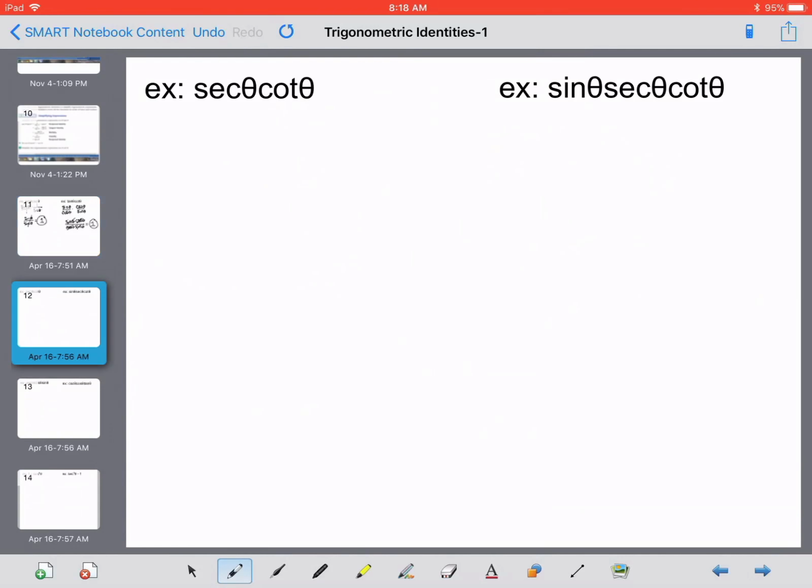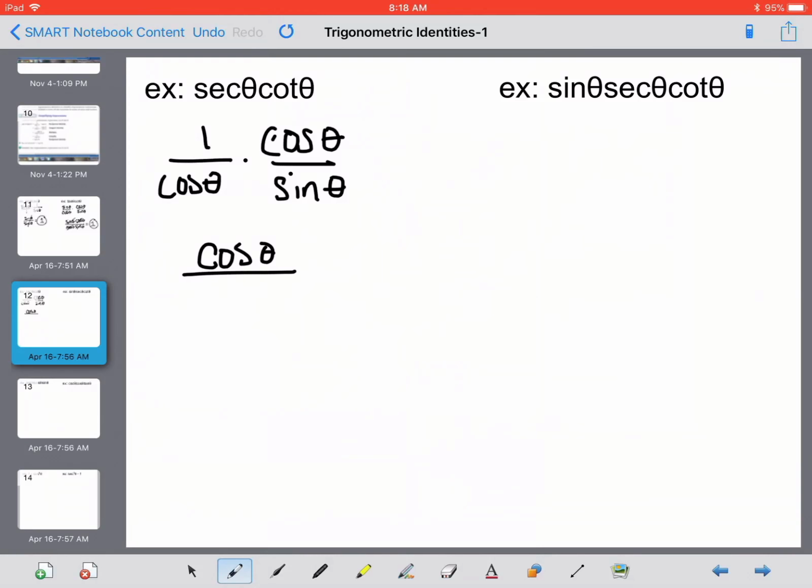Let's keep going. I've got secant times cotangent. Secant is 1 over cosine. Cotangent is cosine over sine. Multiply across the top: 1 times cosine is cosine, and cosine times sine is cosine sine.